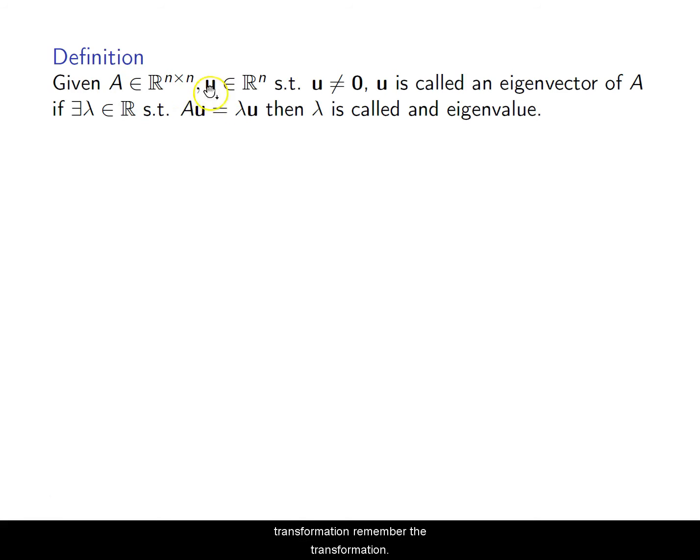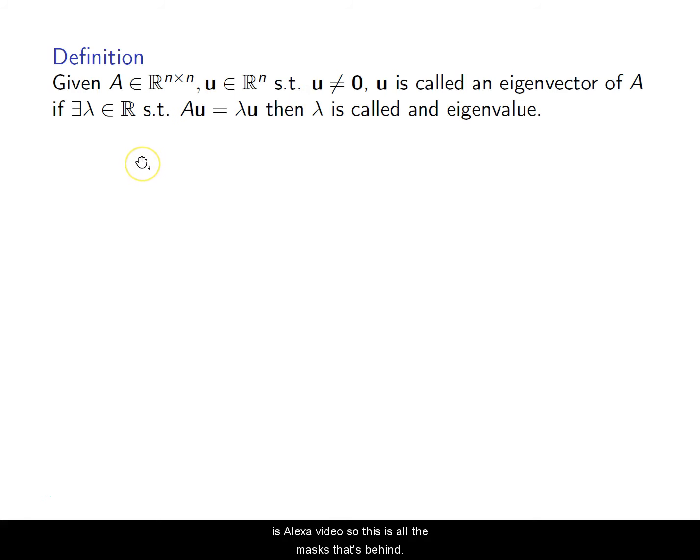So again, think about this as a matrix transformation, where A is a transformation matrix, as in A times X equals B. So if I put U under the transformation A, I'm just going to get out a constant multiple of U. If you watched that 3Blue1Brown video on eigenvalues and eigenvectors, they talk about that quite a bit, about how this vector just gets stretched in some form under the transformation A. That's a good way to visualize it, so go back and watch that video if you haven't already.